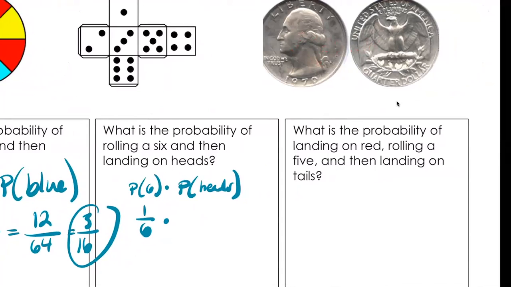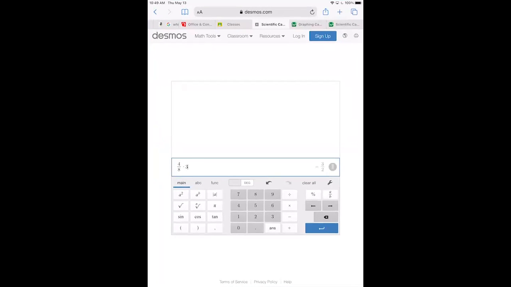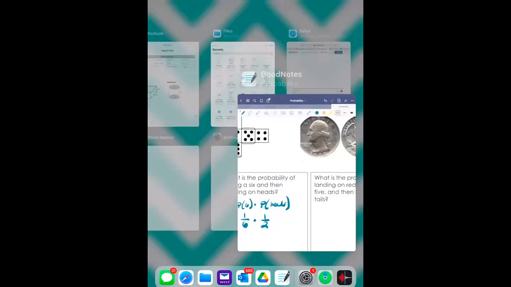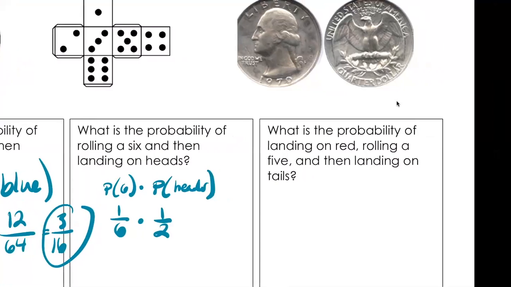So the probability of flipping and getting a heads is 1 out of 2. So we have 1 over 6 times 1 over 2. Use Desmos. 1 out of 6 times 1 out of 2. And that's going to give us 1 out of 12. So the probability of rolling a 6 and then landing on heads is 1 out of 12.